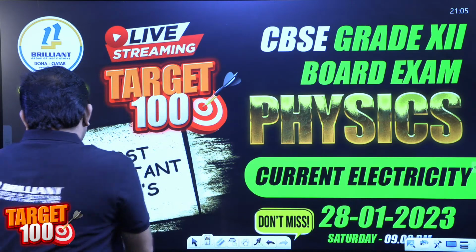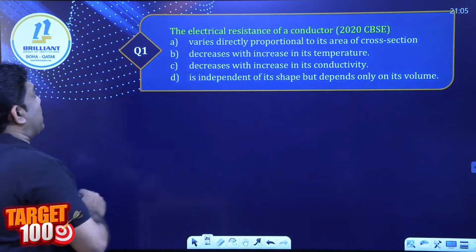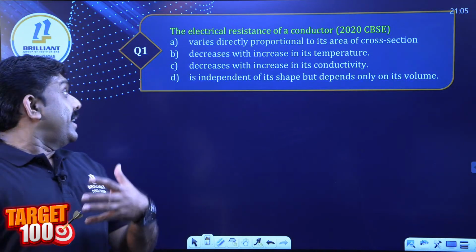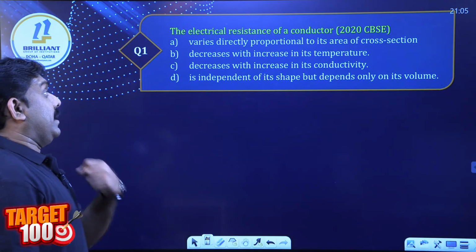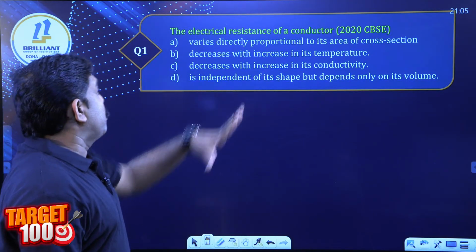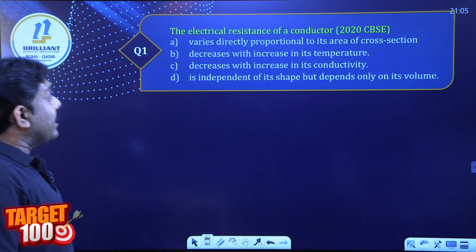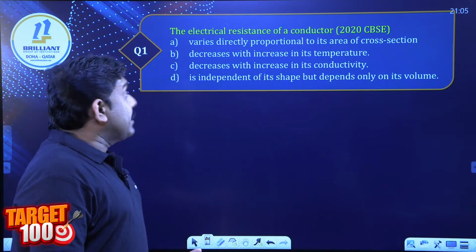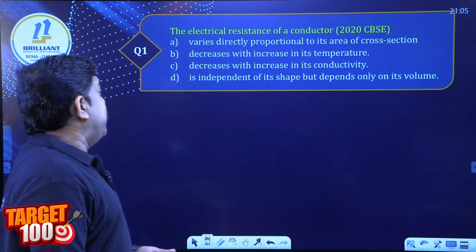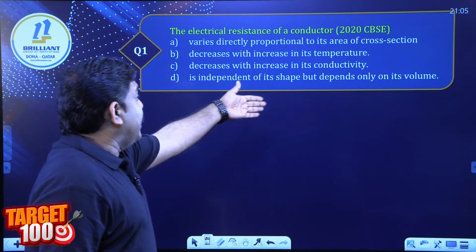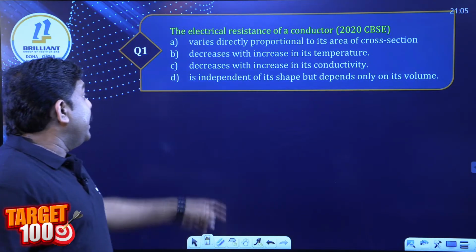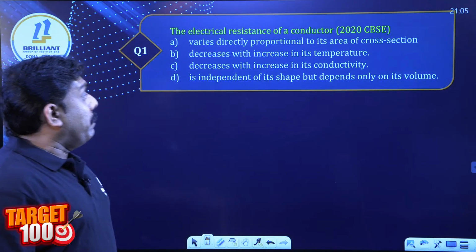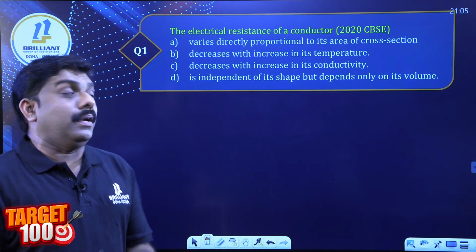So the first question I'm explaining now. The electrical resistance of a conductor, a 2020 question: is directly proportional to its area of cross section, decreases with increase in its temperature, decreases with increase in its conductivity, independent of its shape but depends only on its volume.